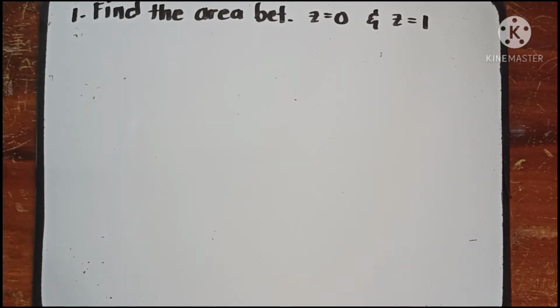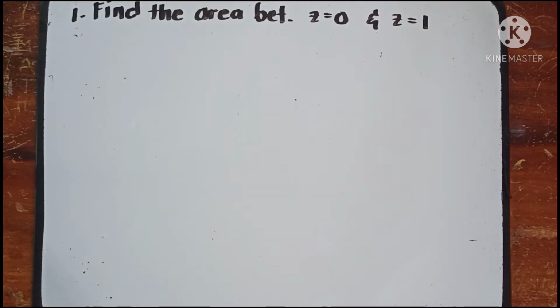Okay, so ngayon naman, paano naman natin kukunin yung area under the normal curve, okay? So, to find the area under the normal curve, gagamit tayo ng z-table. So, z-table, this is the table of areas under the normal curve.